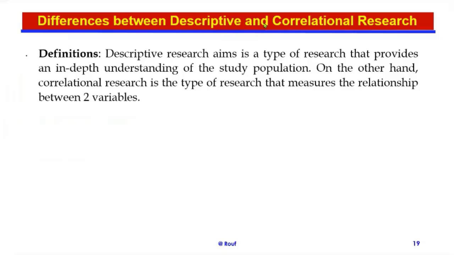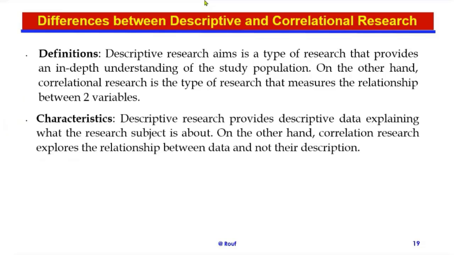Now, discuss the key differences between descriptive and correlational research. First, definition. On the basis of definition, descriptive research is a type of research that provides an in-depth understanding of the study population. On the other hand, correlational research is the type of research that measures the relationship between two variables.